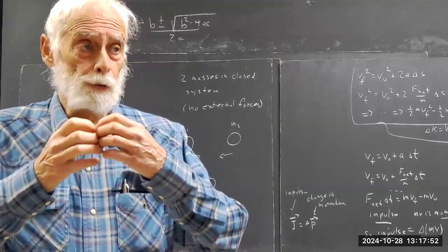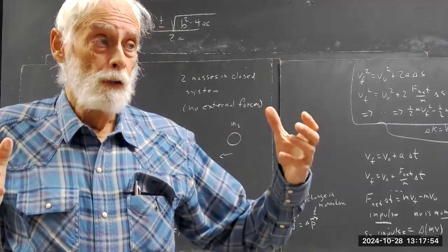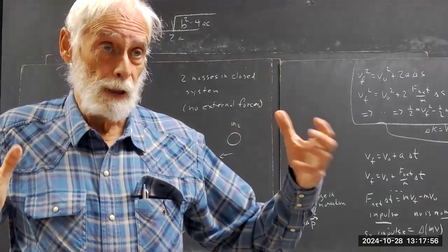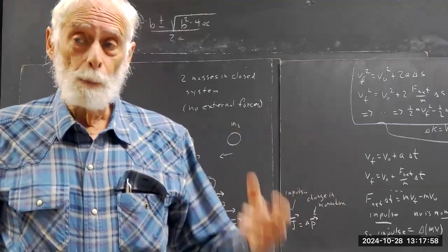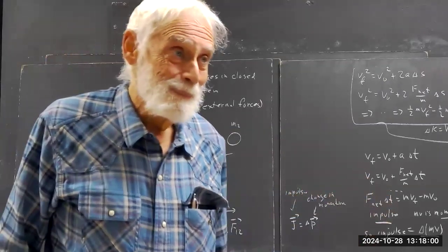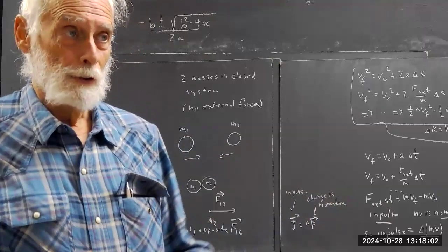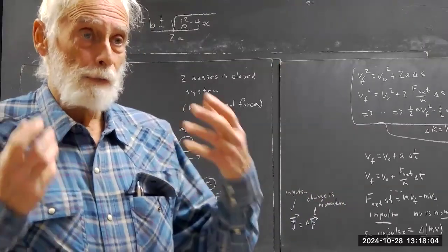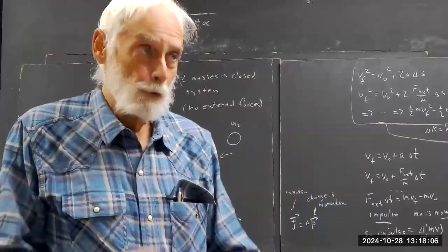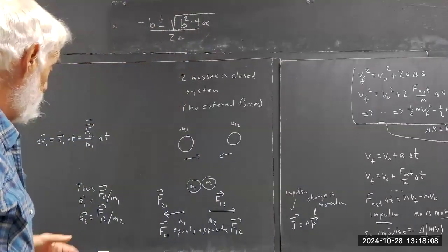It's the time the two things are in contact, because they don't exert forces on one another when they break contact. Now, if they're magnets, that's a little different because they do exert forces at a distance. And if they're gravitational masses, they exert forces at a distance.